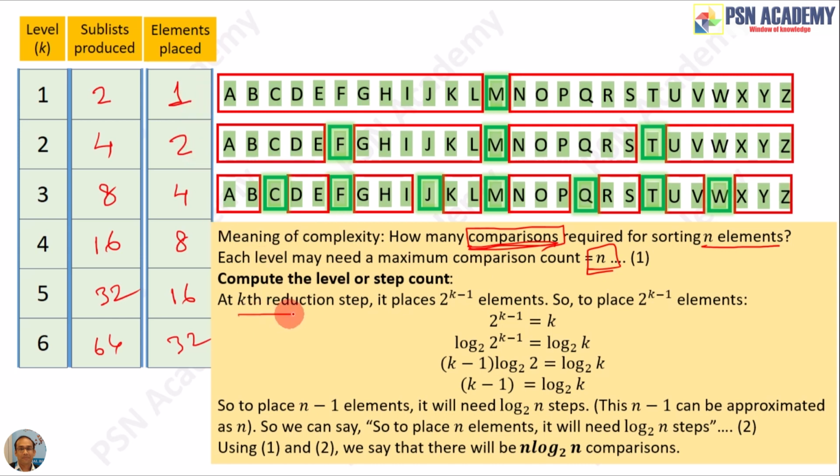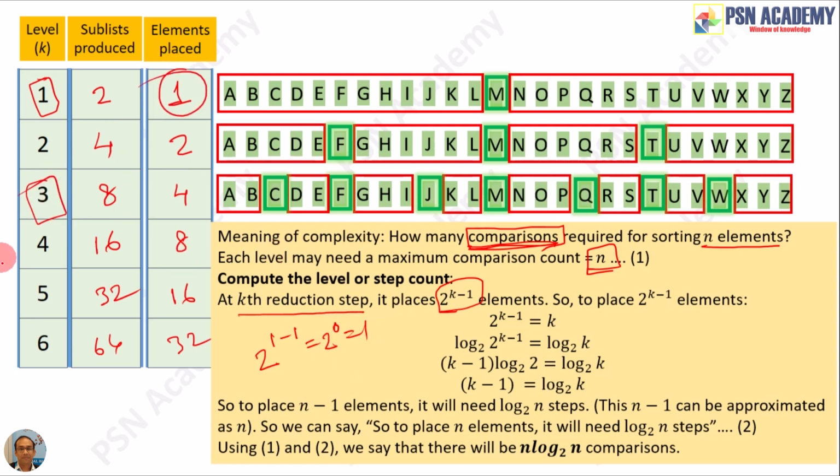So you see that any kth step, it places 2 raised to k minus 1 elements. For example, if you have a level 1, then it is placing 1 element, right? So level 1 means 2 raised to 1 minus 1, that means 2 raised to 0, that is 1 element. So this is the figure.